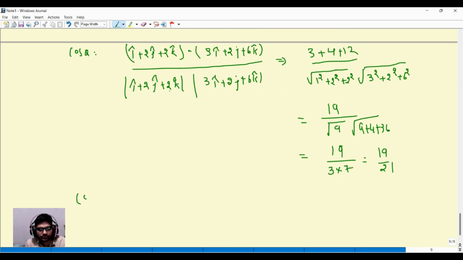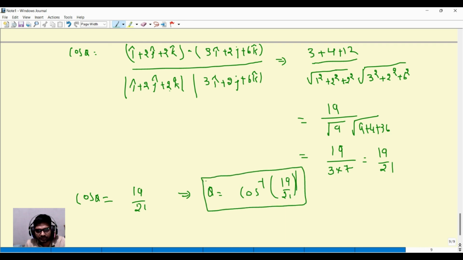So cos theta equals 19 upon 21. If we find theta, the answer is cos inverse 19 upon 21. This is the required answer. If you do not know the value of cos inverse 19 upon 21, this answer is also permitted, and if you know the value, that will also be a good answer.